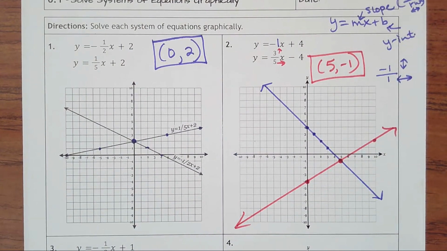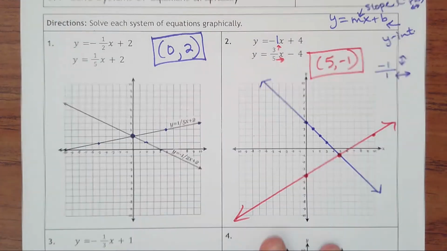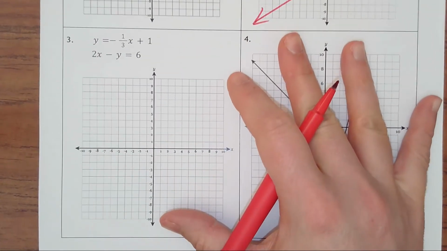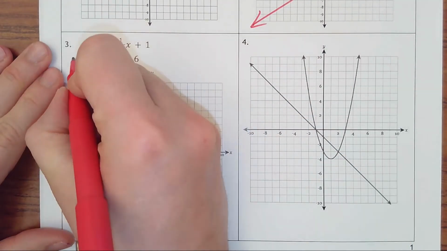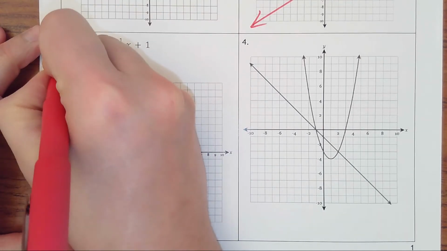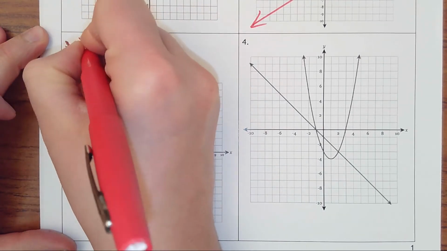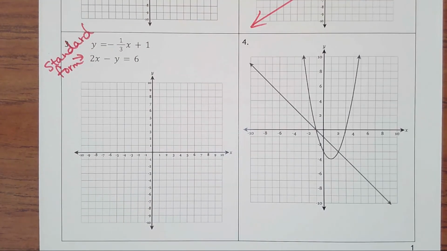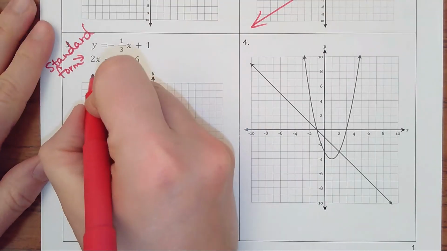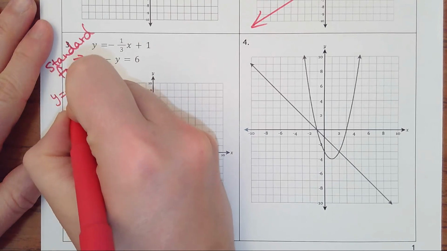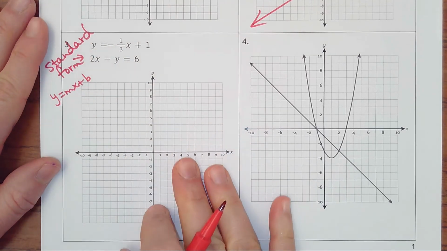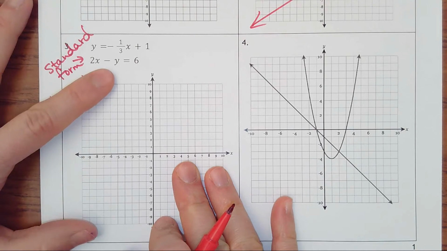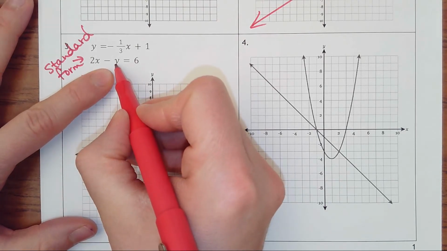Right, number 3. The only thing that's different is the second one is in what's called standard form. Standard form is good for getting intercepts, but we don't want to graph it like that. We want to get it into y equals mx plus b, which is slope-intercept form again. So in this one, I'm going to solve for y.